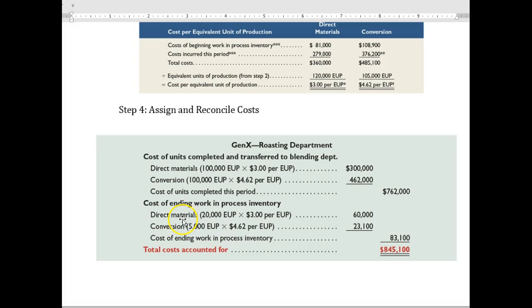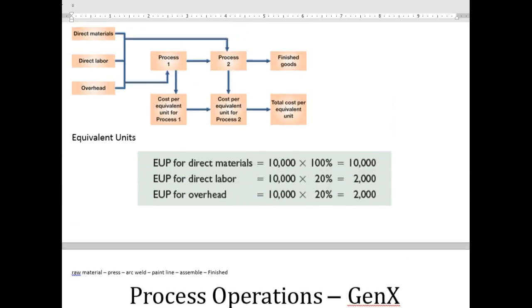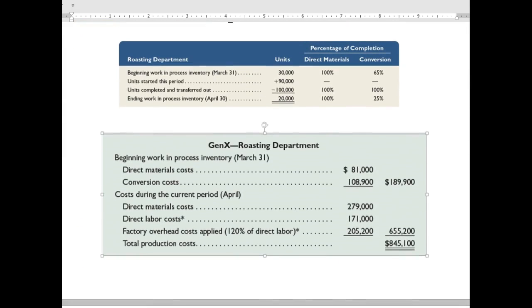I have to account for the cost of my working inventory. I had 20,000, completely used up all the direct materials, at $60,000, and then I had 5,000 times the $4.62. Remember, I only had 25% of the 20,000. That gives me total cost accounted for of $845,100. Is that what I need to account for? Yep. These were my total costs.